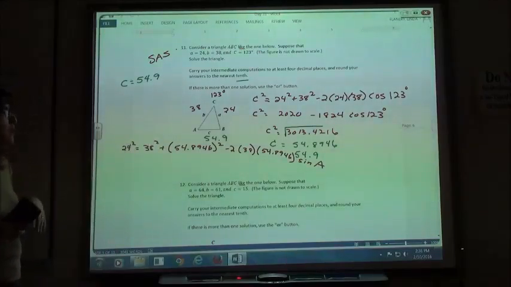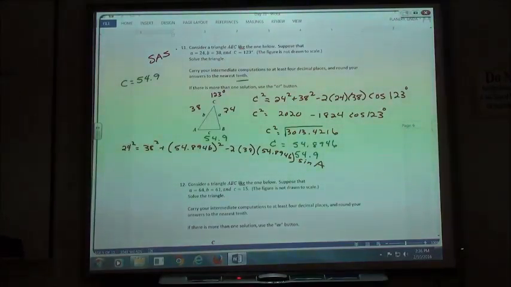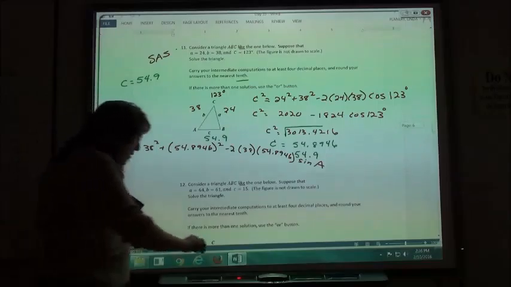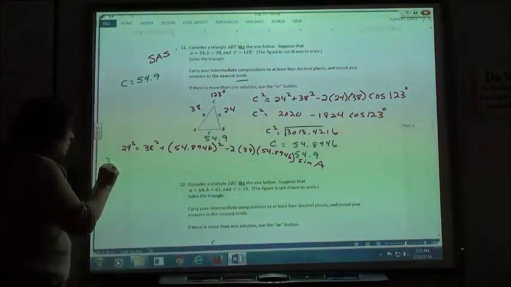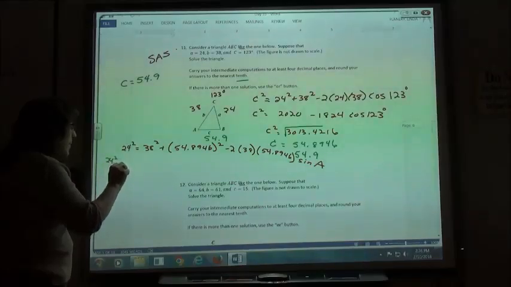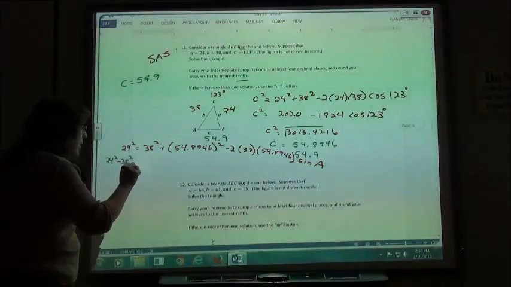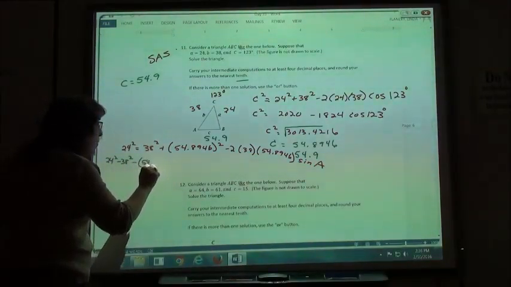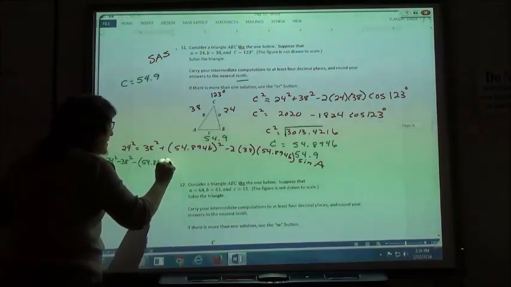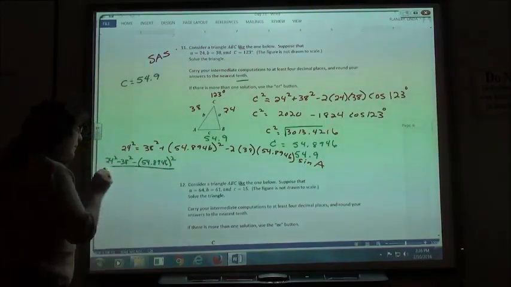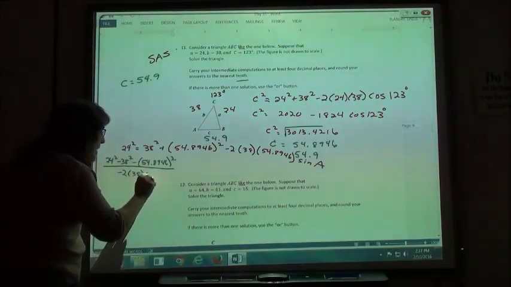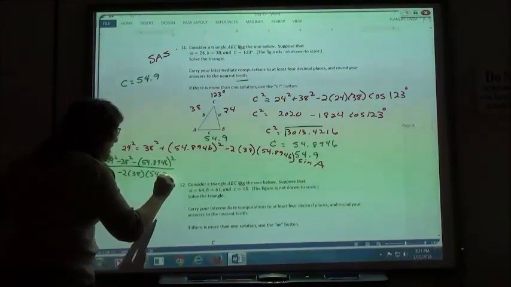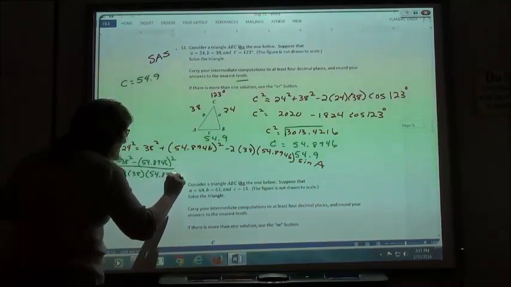If you round them off, you may get rounding errors, so try not to do that. And so again, when I solve that, I'm going to take 24 squared minus 38 squared minus my 54.8946 squared. And I'm going to divide that by negative 2 times 38 times 54.8946.